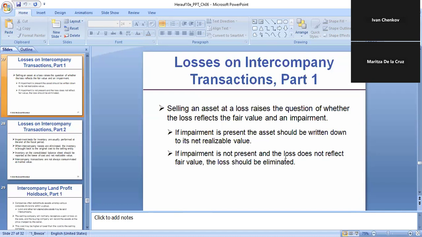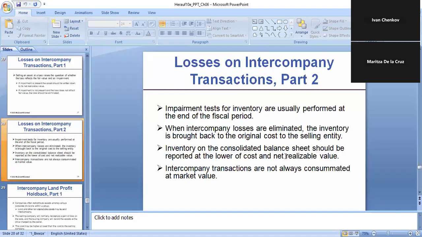So in that case, we have to check if the fair value and if the impairments exist. That will trigger a lot of questions to the auditors and the revenue agency if we see a transaction between parent and subsidiary which is not generating profit but generating losses.